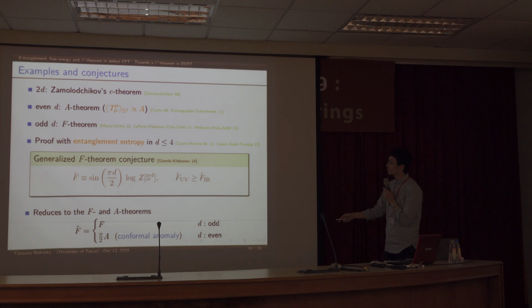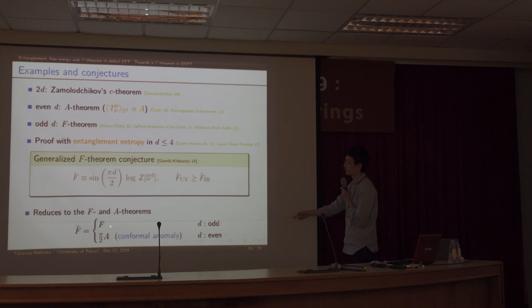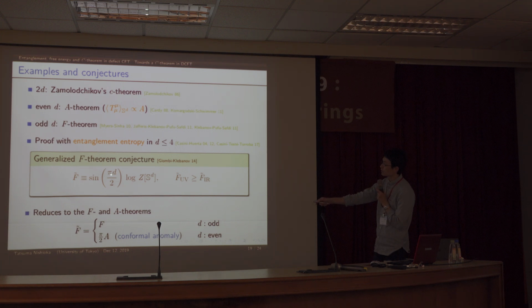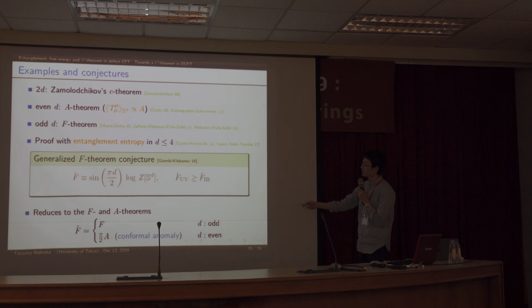When d is odd, it reduces to just the sphere partition function. So this is known as the F theorem. On the other hand, when d is even, naively the sine function vanishes, so F tilde becomes 0, but there is actually a conformal anomaly coming from the sphere partition function, and they cancel each other.